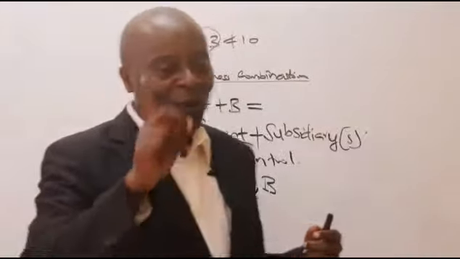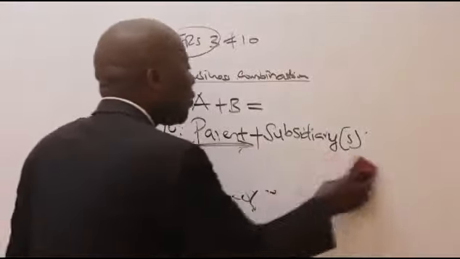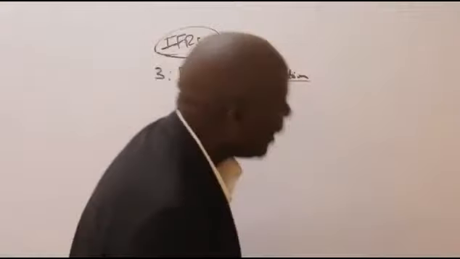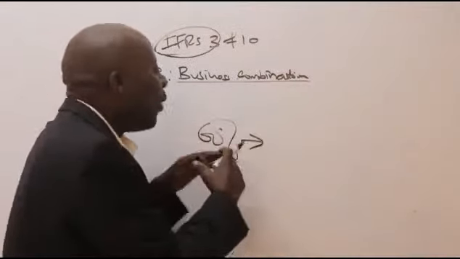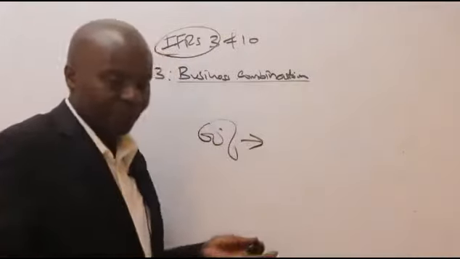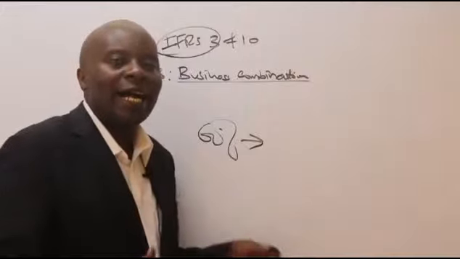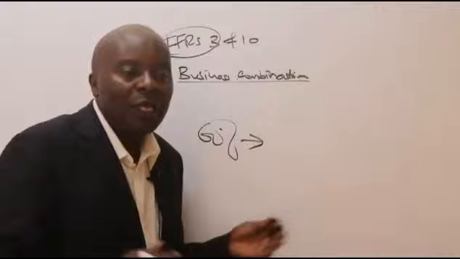There's another language I've always seen these examiners use. They'll tell you that A has got 40% of B, and then they'll tell you that the remaining 60% is widely distributed, perhaps amongst 100 shareholders. At times they even tell you equally.